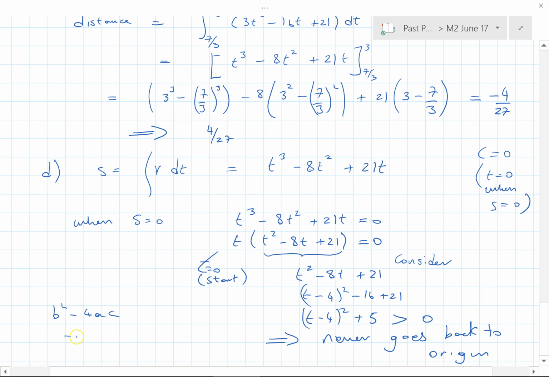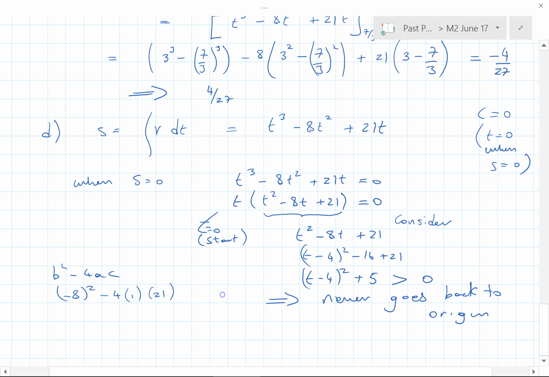So we just say minus 8 squared minus 4 times 1 times 21. And that gives us 64 minus 84, which is minus 20, which is less than 0, so no real roots. So that's, I suppose, a more obvious way of doing it.